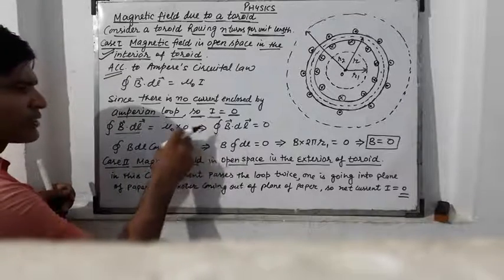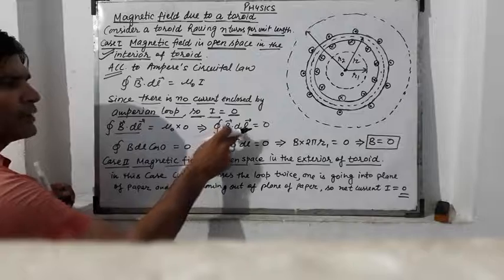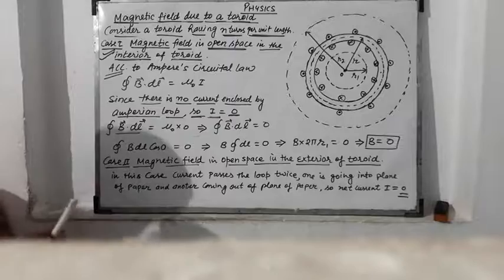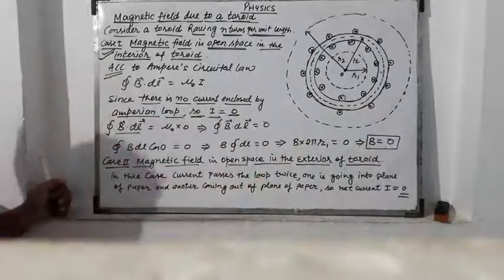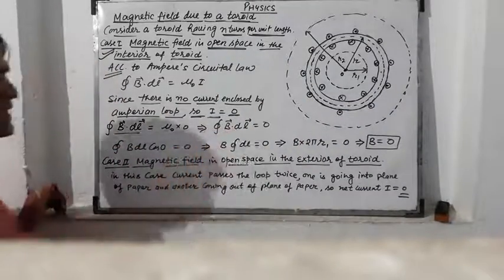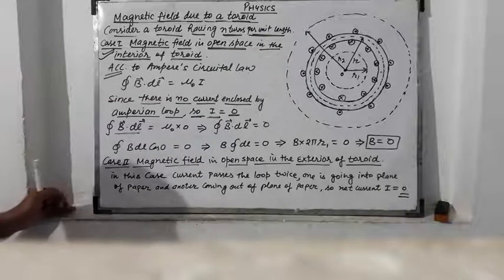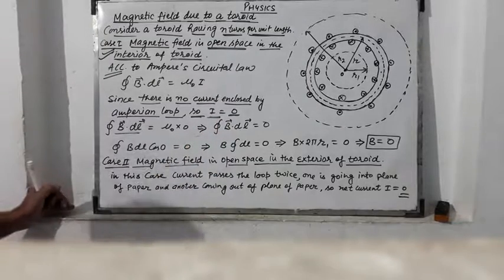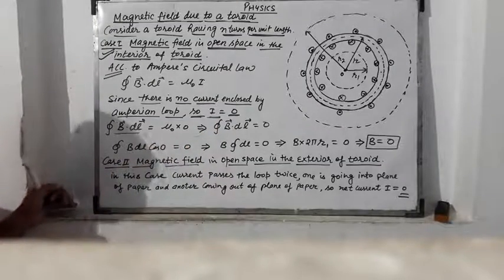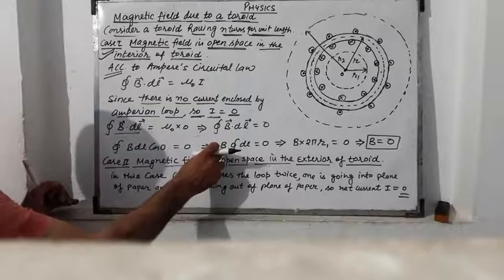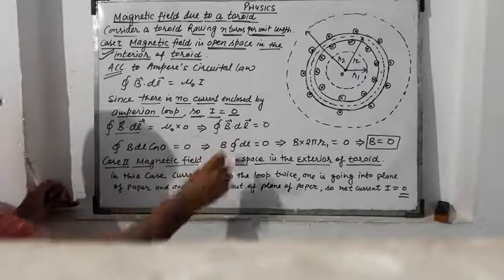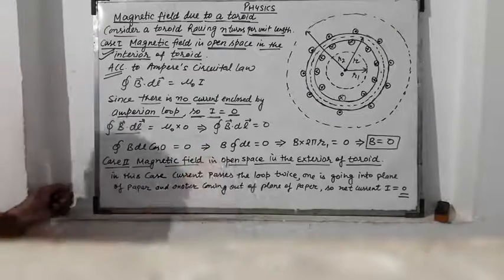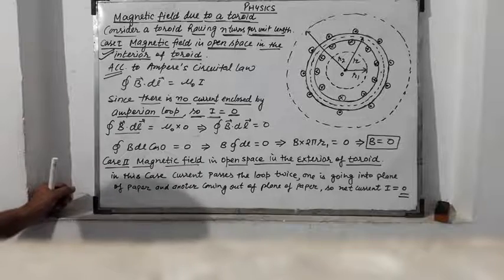So we get the line integral of B dot dl is equal to 0. As we know, in the case of a circular Amperian loop, B and dl are in the same direction, so we take cos 0 in the dot product. Cos 0 is 1, so we get B times the line integral of dl. B is taken out because the magnitude of the magnetic field is constant.